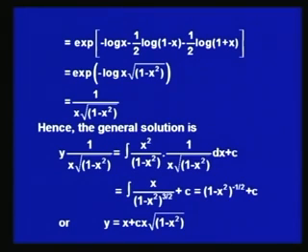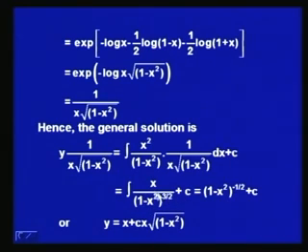And hence, the general solution is the dependent variable y into the integrating factor 1/(x √(1 - x²)) equal to integral of q, that is x²/(1 - x²), into the integrating factor 1/(x √(1 - x²)) dx plus c, which is equal to integral of x/(1 - x²)^(3/2) plus c.